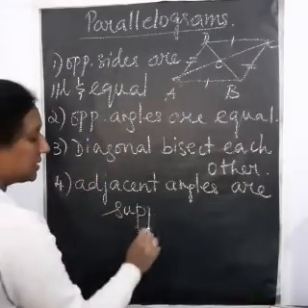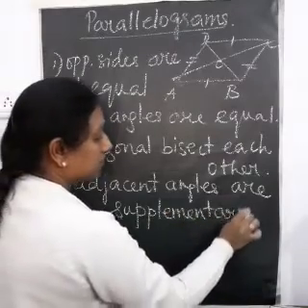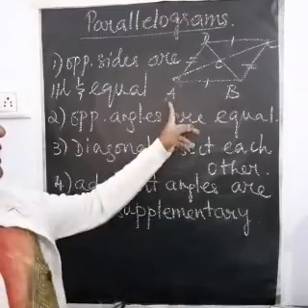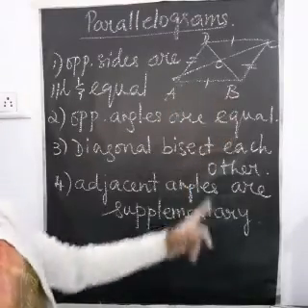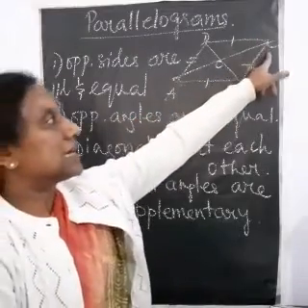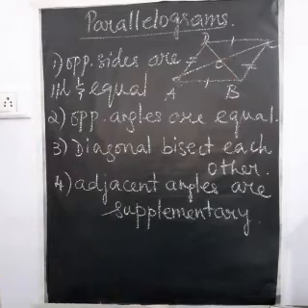Supplementary means they add up to 180 degrees. So angle A plus angle B will be equal to 180 degrees. But angle A will be equal to angle C and angle B will be equal to angle D. These are the properties that we have learnt earlier.